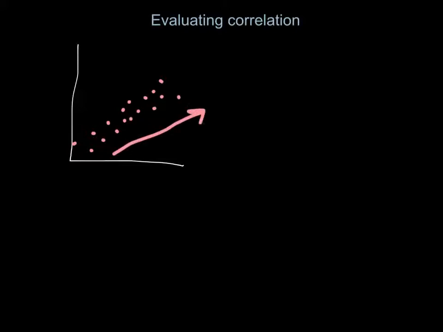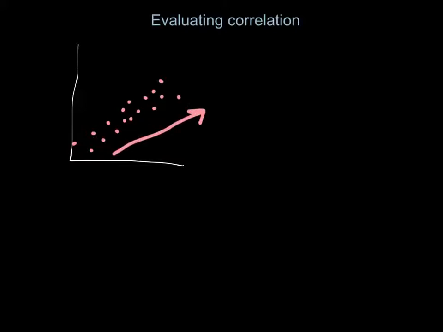So when we are evaluating correlation, there's three types of graphs that we can have. We can have a positive correlation, and this is when the dots on the graph are going in that positive motion. So they don't necessarily create a line, but they are showing correlation that's going in the positive direction.